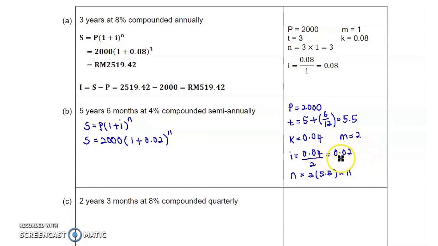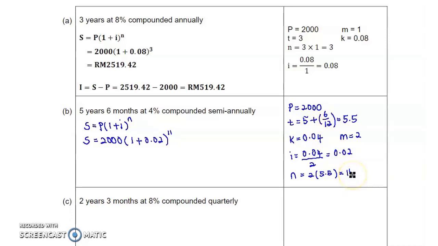Another 6 months will be another 2%, so the total 1 year rate is equivalent to 4%. Semi-annually, m equal to 2, meaning within 1 year we calculate interest twice. If the investment period is 5.5 years, altogether how many times do we calculate the interest? That's why here 2 multiplied by 5.5. Within 5 years and 6 months, in total 11 times we calculate the interest.